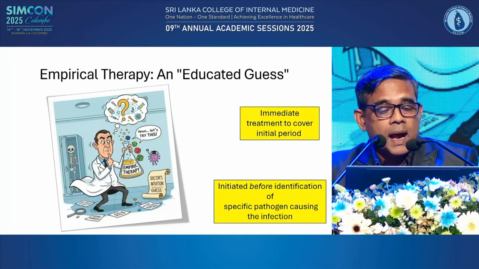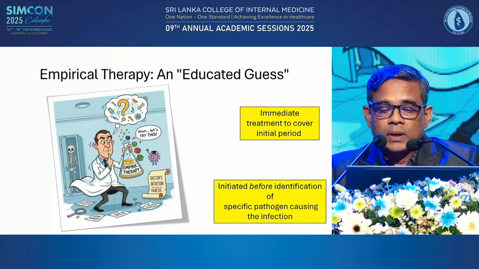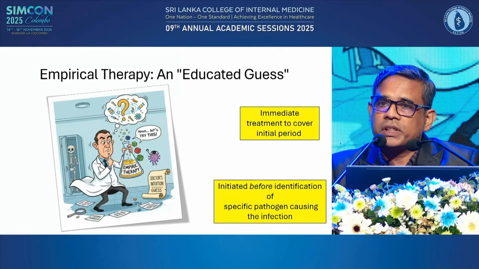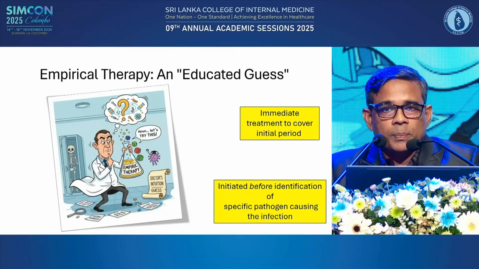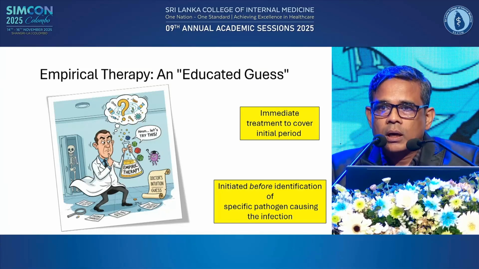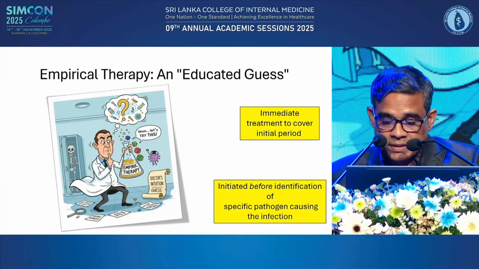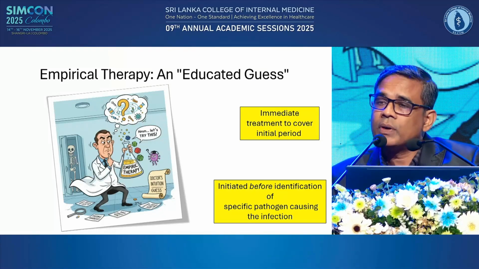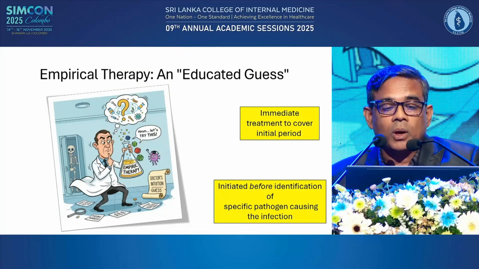So it is done before identification of the specific pathogen causing the infection. Basically, earlier we used to call it blind therapy. That is, you give something based on your knowledge of the infectious syndrome and the coverage of the antibiotics that you are going to use.